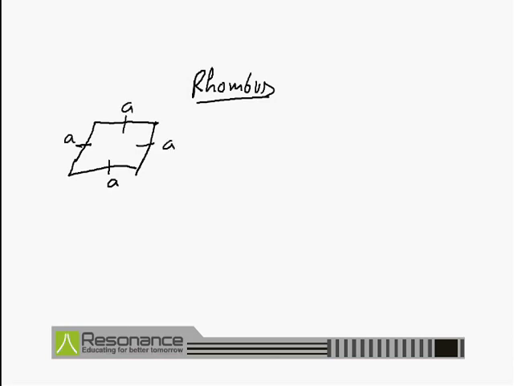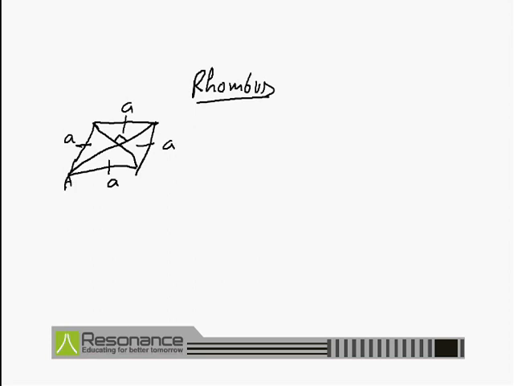Now we discuss the rhombus. A rhombus is basically a parallelogram in which all sides are of equal length, let's say A units, and the important property of the rhombus is that the diagonals bisect each other at 90 degrees.